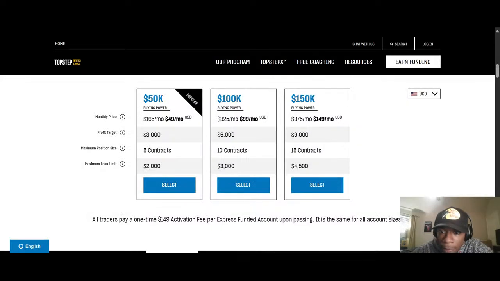Pretty much the same thing, a little bit cheaper monthly pricing. These are the accounts. Anytime I get a Topstep account, I get a 50K, because for the 100K account they double your profit target, but they only give you $1,000 more drawdown. So it doesn't really make sense to me to get that account.